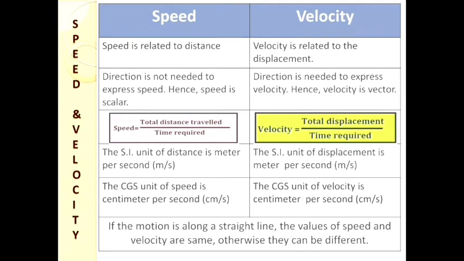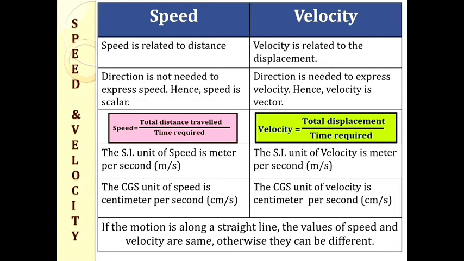Now let's have the difference between speed and velocity. As you have understood the definitions, speed is related to distance and velocity is related to displacement. See, speed involves distance. Distance was a scalar quantity.